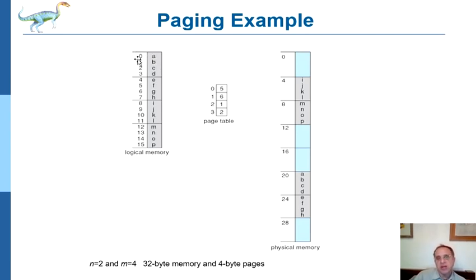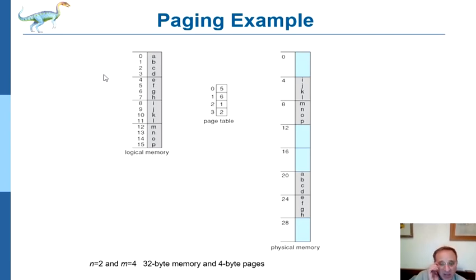Let's imagine a very simplistic case, where it says n equals 2, m equals 4. In other words, these are very small pages. There are only 4 pieces of data in each page. Each page is just 4 lines long. So this is obviously the first page, the second page, the third page, and the fourth page. From 12 to 15 is the fourth page.